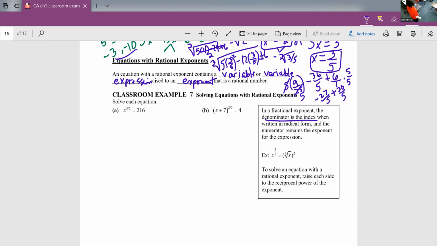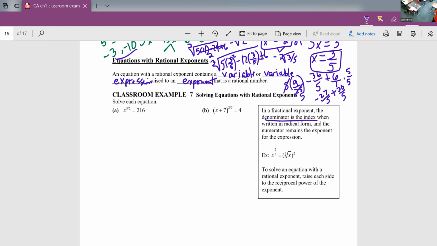Now, here's why you might find it easier to take it back into radical form, okay? And I'll show you what I mean by that. I could rewrite this as what, if I wanted to? X to the 3/2 would be the same thing as what?